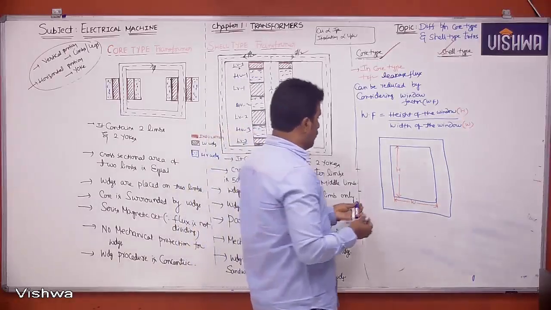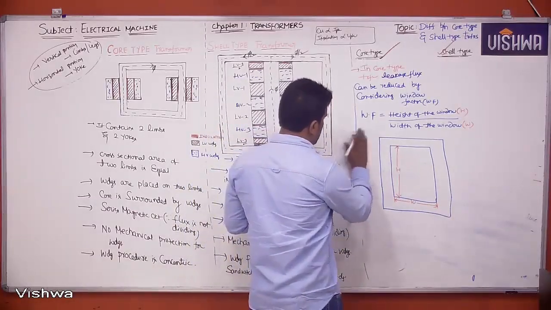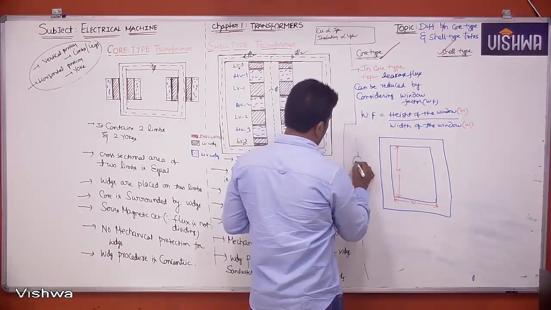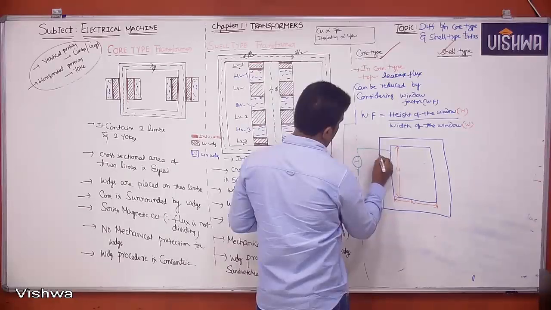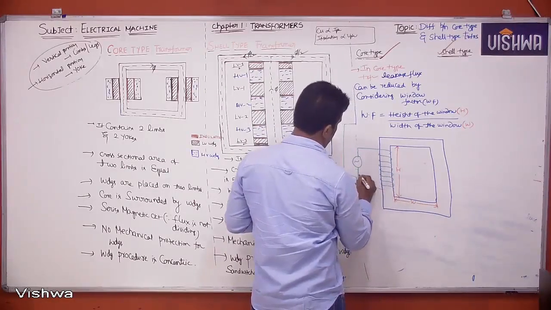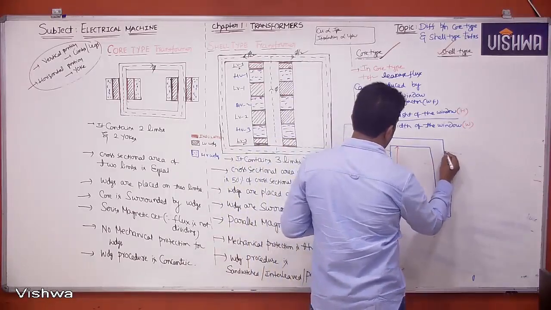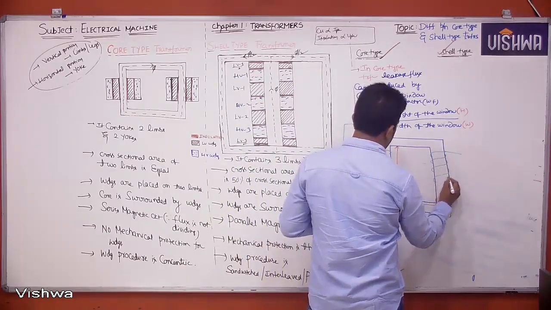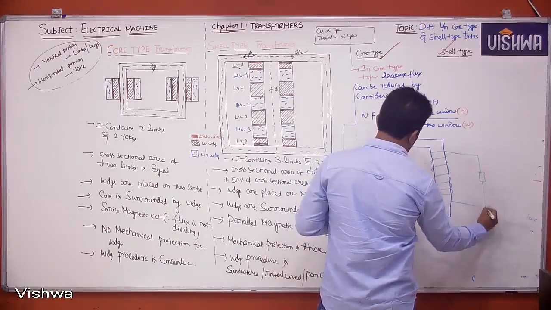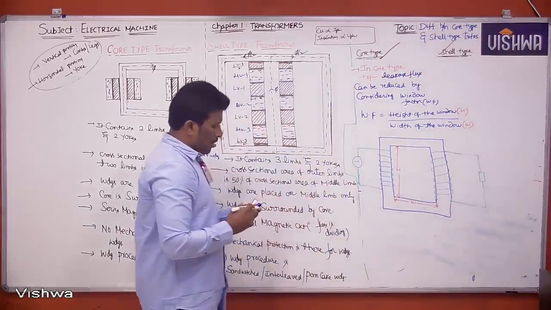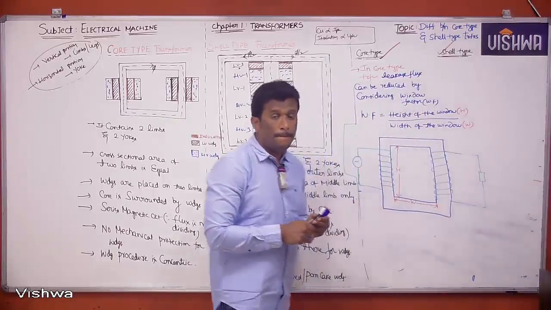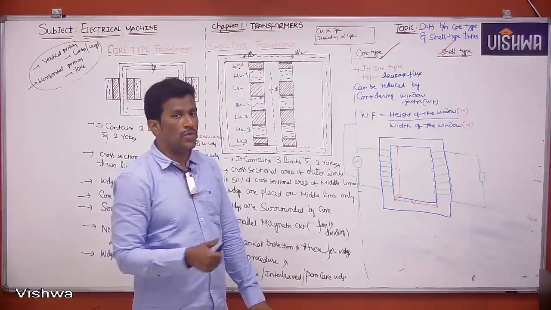Very good. Before that, I'll ask a simple question. Suppose I connect some source here. Can you tell me what might be the length of the path of core flux?